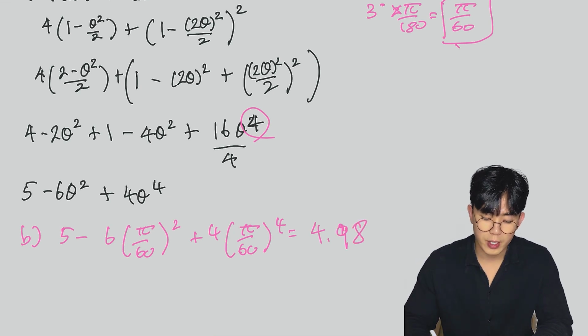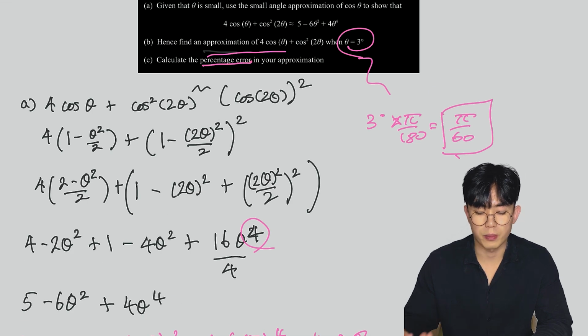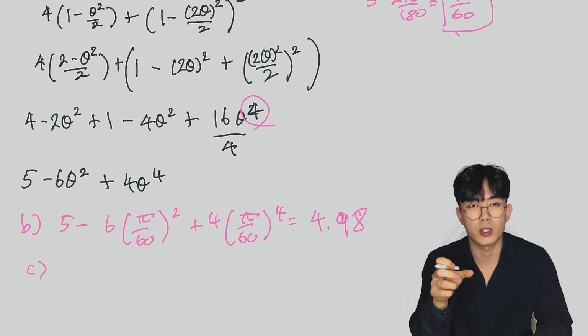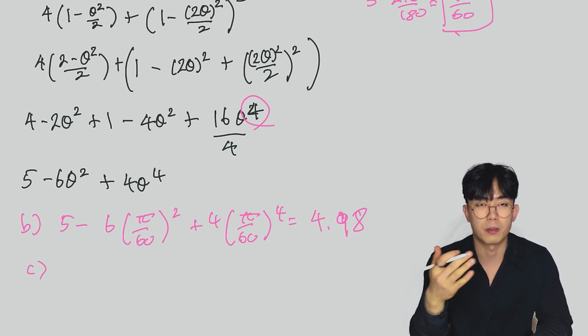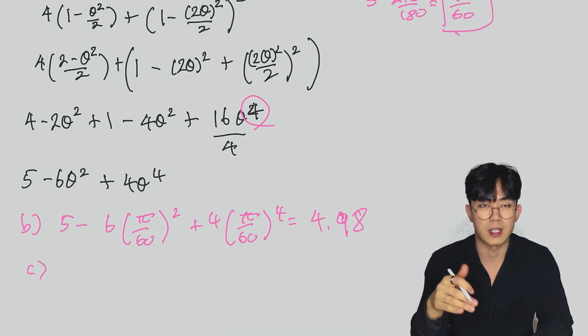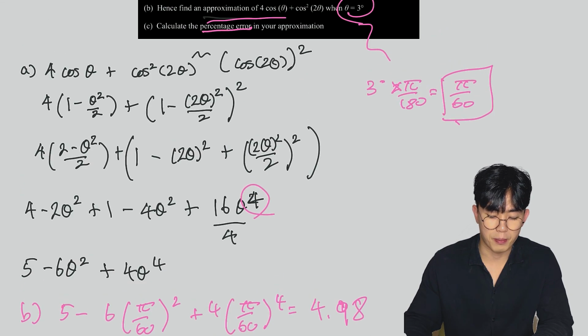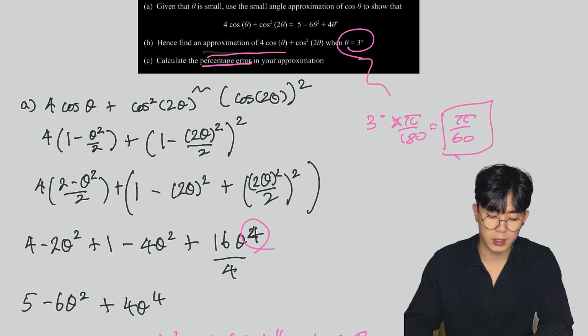Right, part C, calculate the percentage error in your approximation. So percentage error is just the difference between the exact and the approximation over the exact multiplied by 100, right? So the real value is when I plug in pi over 60 into the left-hand side, i.e. this equation here.